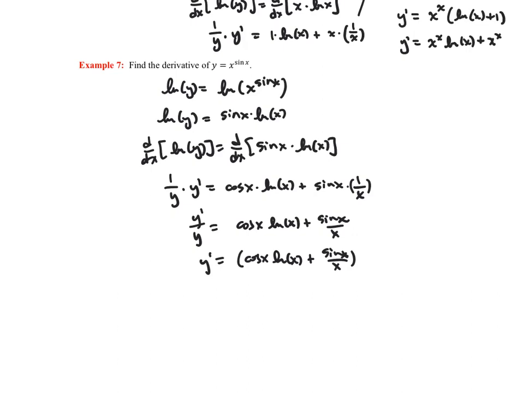And y is x to the sine x. All right, again, I could, if I wanted to, distribute. That would be x to the sine x times cosine x times ln of x plus x to the sine x times sine x over x.